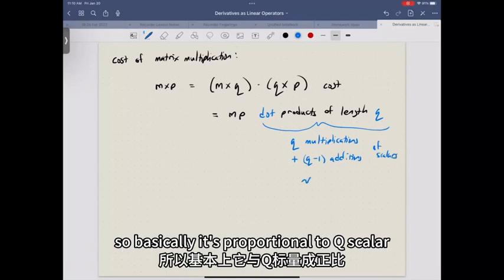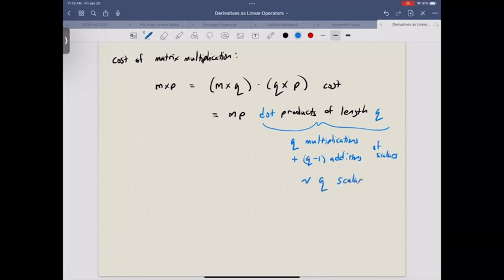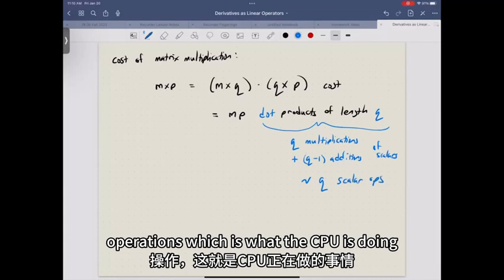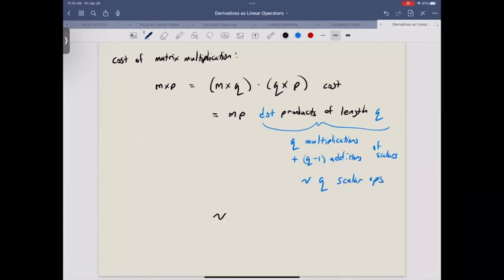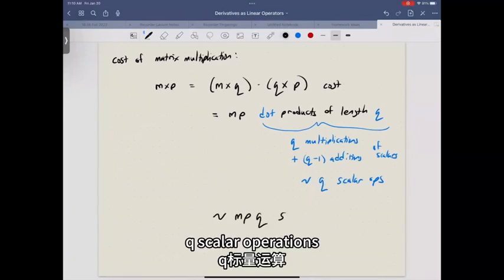So basically, it's proportional to Q scalar operations, which is what the CPU is doing. So the whole thing is proportional to M, P, Q scalar operations.